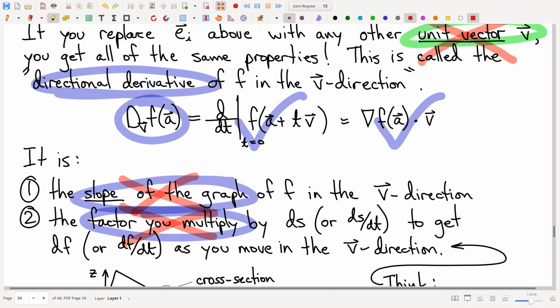Maybe I'm actually in my car driving down this road and I am moving with an actual speed, and I want to know literally how fast the function is changing per unit time. And this still totally gets right on that. This is exactly what that is. This formula is still really convenient for computing that. This is still a useful idea.